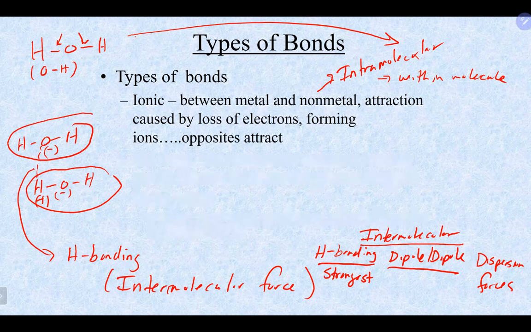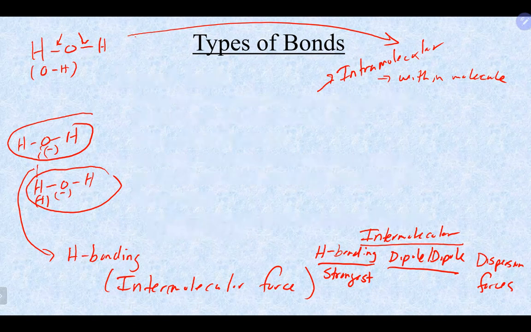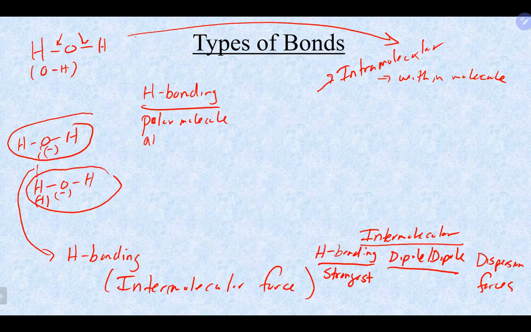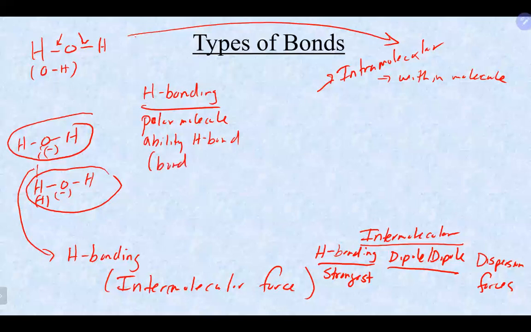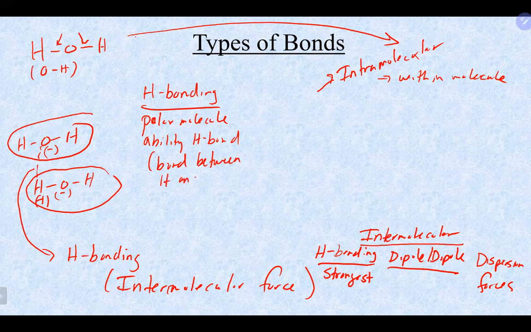So let's do this here. Hydrogen bonding is a polar molecule that has the ability to hydrogen bond. And that means that there is a bond between hydrogen and nitrogen, oxygen, or fluorine.